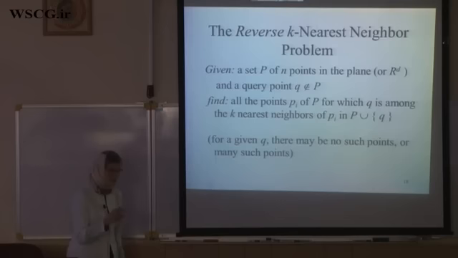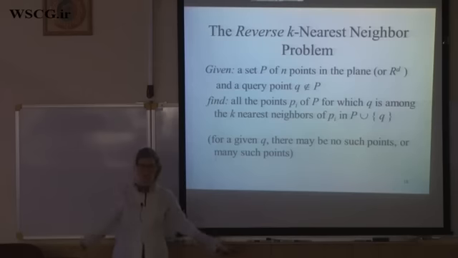The reverse k nearest neighbor problem, I think, is a very intriguing problem because it's simple, but it's not so intuitive. You have to stop and think about what it means. I think it's a very cool problem. You have a set of points in the plane or high dimensions, and now you have a query point. The helicopter lands, a person parachutes into this set of points.